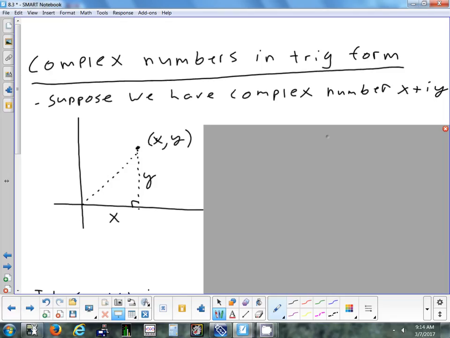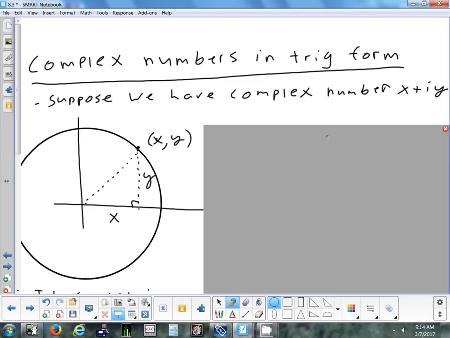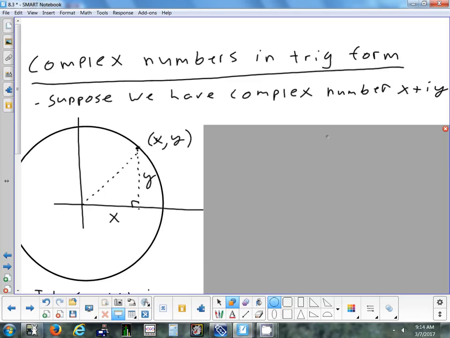The first thing we have to do is figure out this distance, okay, this hypotenuse. And I want you to think of that hypotenuse like that. What did I just turn that hypotenuse into? It's the radius. So that's why we're going to call the hypotenuse r.